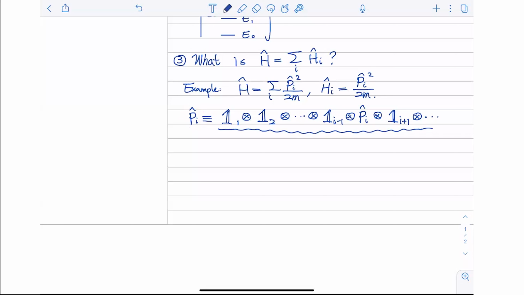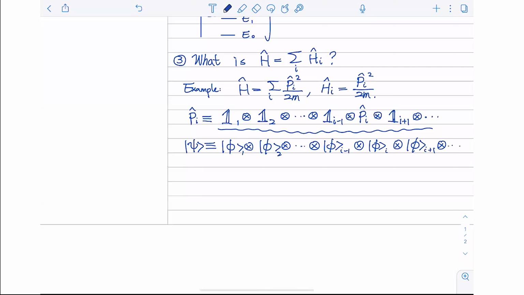So why is it so? Because the total wave function of this system, to some extent, should be something like this. Let me try to reduce the confusion with this notation.